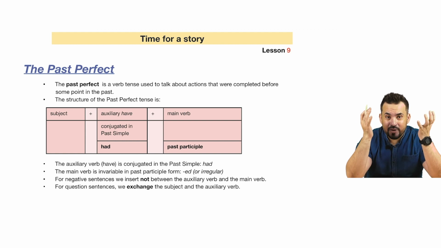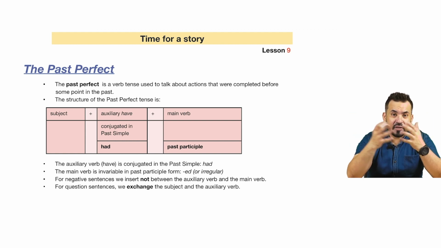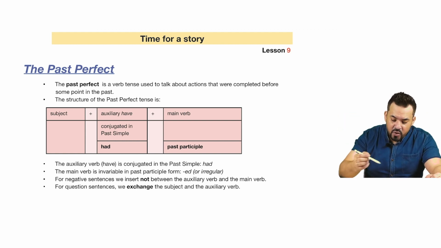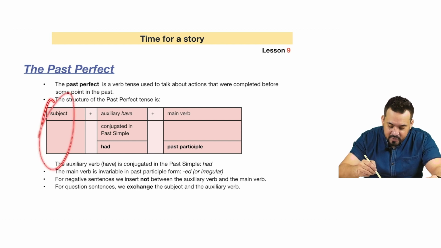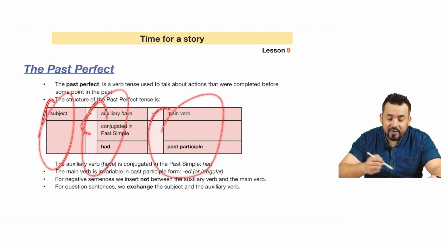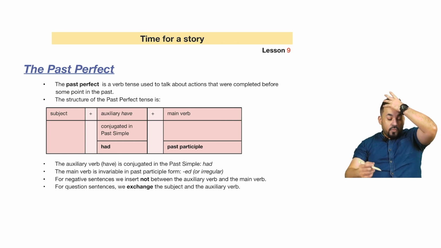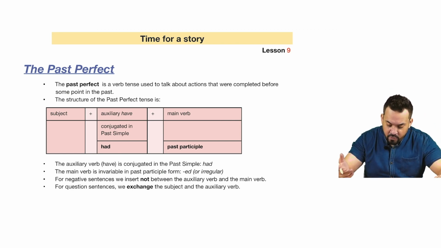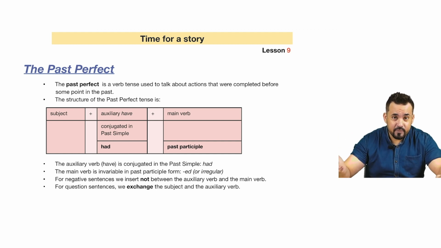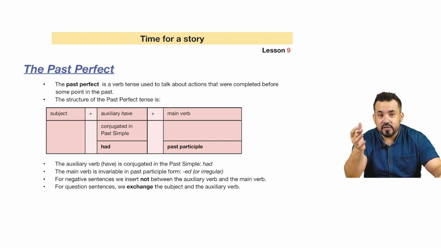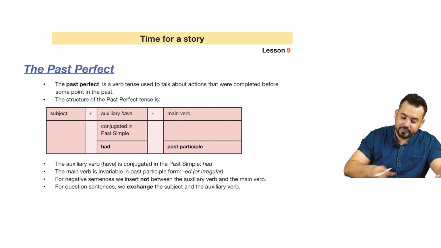Okay, so let's take a look at the structure of the sentence. We have a subject, had, plus the verb in the participle form. The auxiliary verb have is conjugated in the past, had. Have and has are for the present perfect, had is for the past perfect.